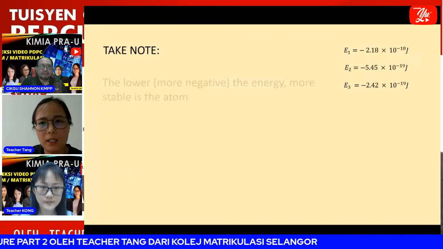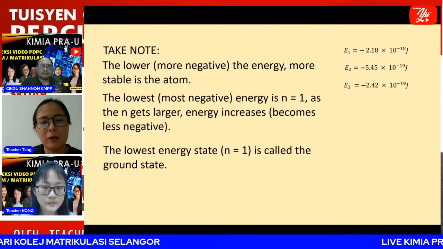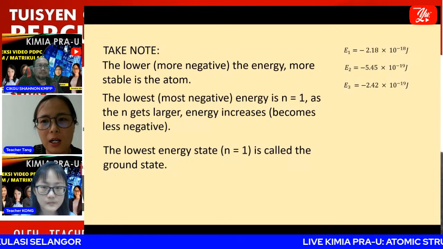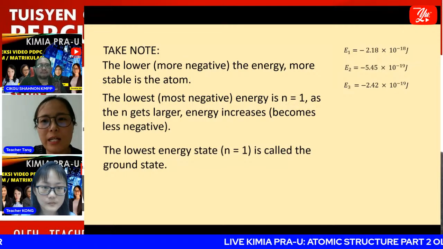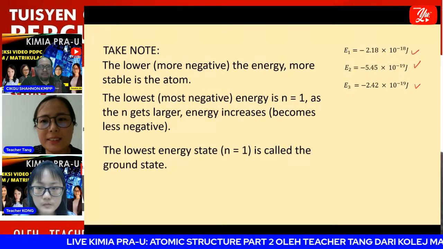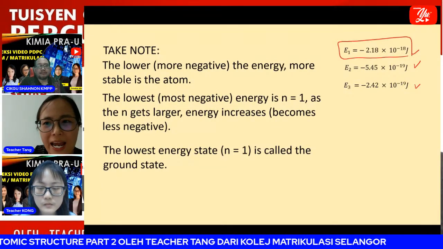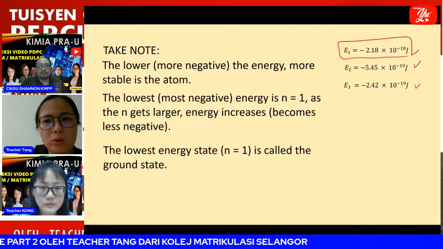So we can see that. Just now we have done the calculations for the electron at n equals 1, n equals 2, and n equals 3. And we can see that when the electron is at n equals 1, the energy of the electron is the most negative.